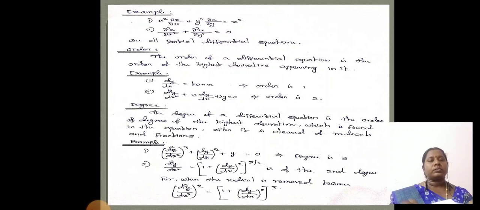Example 2. d square y by dx square equal to 1 plus dy by dx the whole square whole power 3 by 2. In this example, first we remove the radicals and fractions. Taking square on both sides, we have d square y by dx square the whole square equal to 1 plus dy by dx the whole square whole power 3.